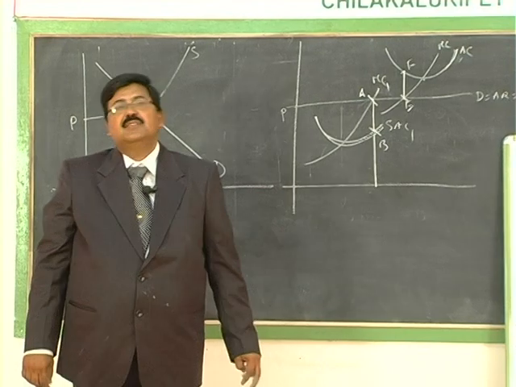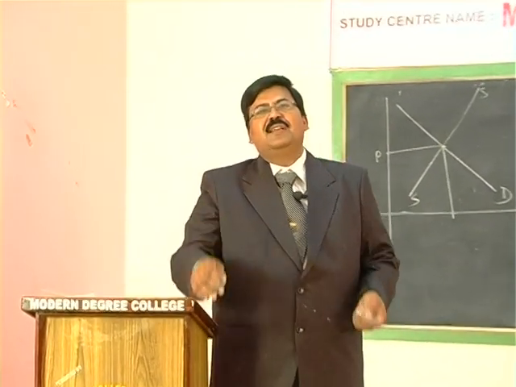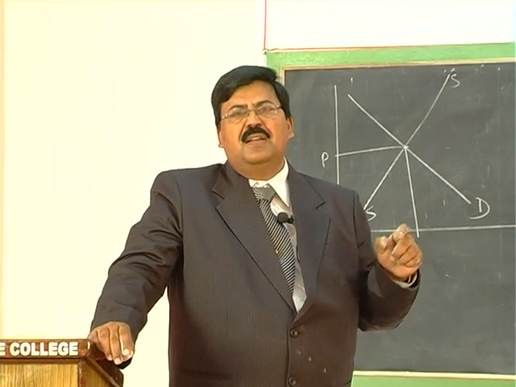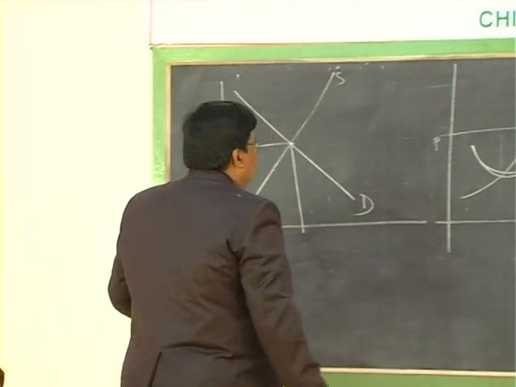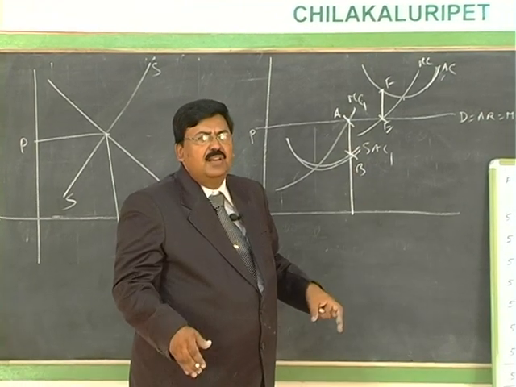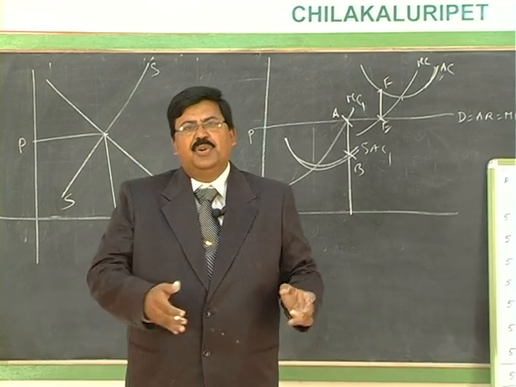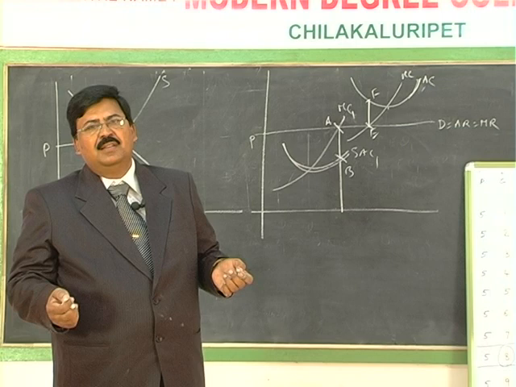What will happen here? This profit is a pure economic profit, that is over and above the normal rate of return, because normal rate of return is included in the cost as part of a cost, implicit cost. So when some of the firms are earning more than normal rate of return, new firms will enter into the industry and they will start producing, and production will increase, price will come down, and profits will be eliminated.